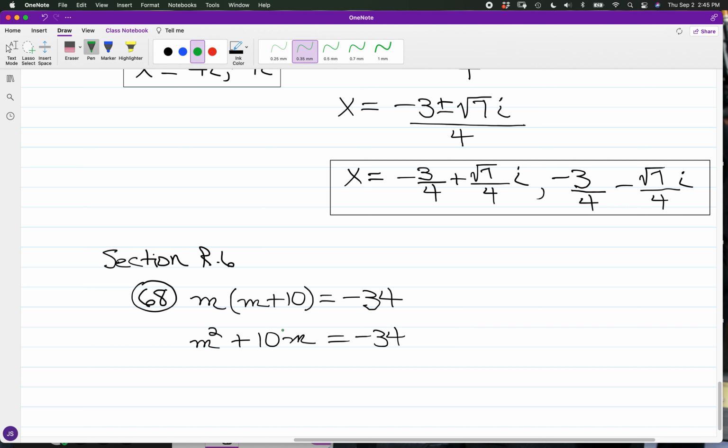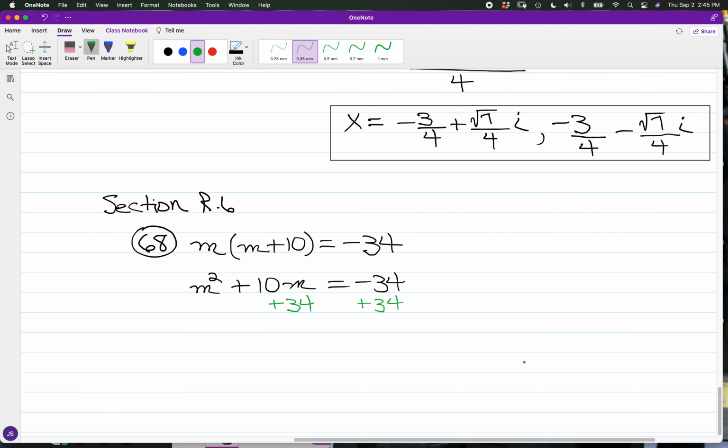So you have a quadratic equation in the variable m. To put it in standard form with the right-hand side at 0, I'm going to add 34 to both sides. So we have m squared plus 10m plus 34 is equal to 0.